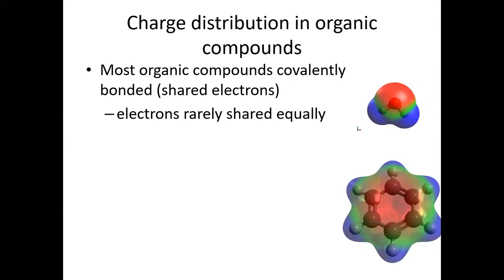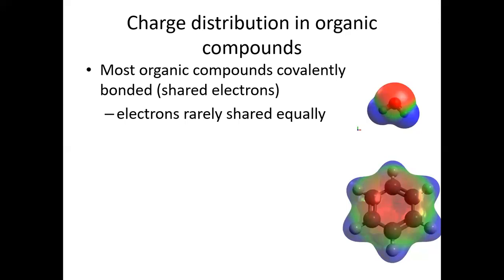And so here we have a couple of molecules, water on top. You can see the brighter the red, the greater the electron density. In water, between oxygen and hydrogen, there's such a huge difference in electronegativity that the electrons are not shared equally at all between the hydrogen and oxygen.